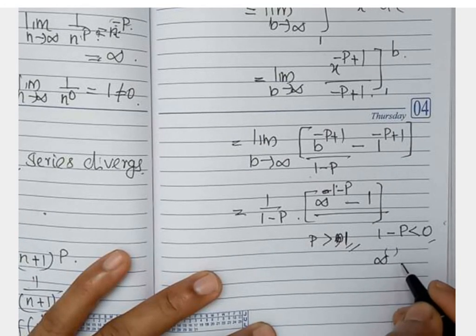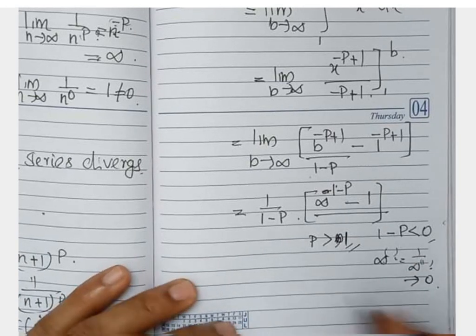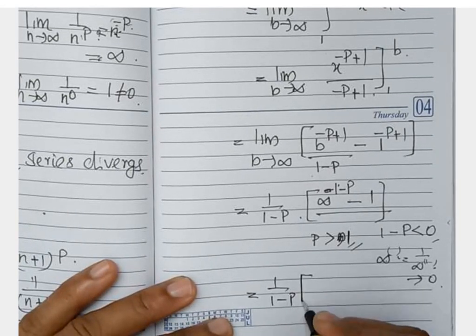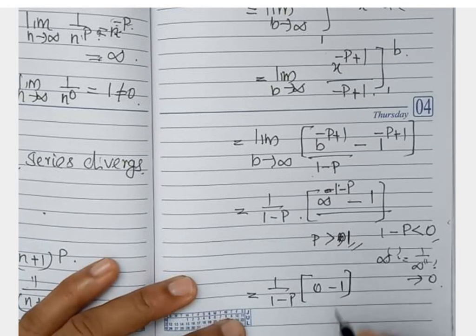That's equal to 1 by infinity raised to a value. So this becomes a small quantity and tends to 0. This is equal to 1 by 1 minus p into 0 minus 1. That's equal to 1 by p minus 1.